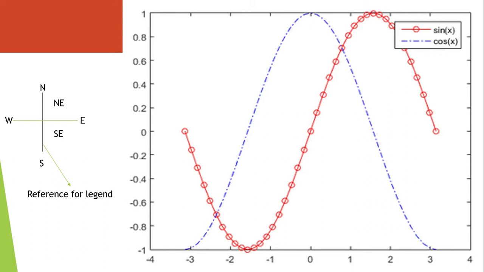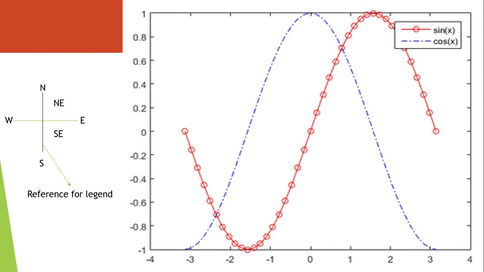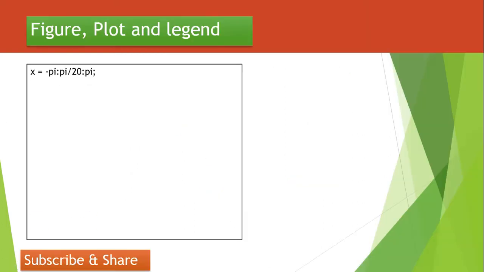So let's see in the code. Suppose I want to plot a sinusoidal wave and a cosine wave, just similar. This is the similar wave I want to plot with these legends sin x and cos x. So let's see, these are the points separated by O. Here in the program code, I'll take a value x which ranges from minus pi to pi with in-between values of 20.